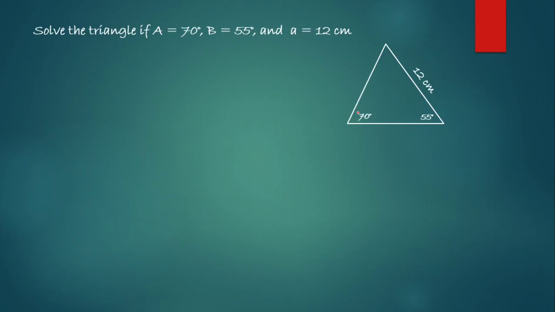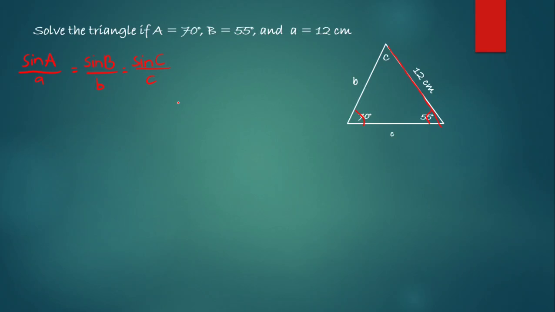This is angle A, this is angle B, and this is side A. We are looking for angle C, side B, and side C. The formula we're going to use is the law of sines, which is sine angle A over side A equals sine angle B over side B equals sine angle C over side C.